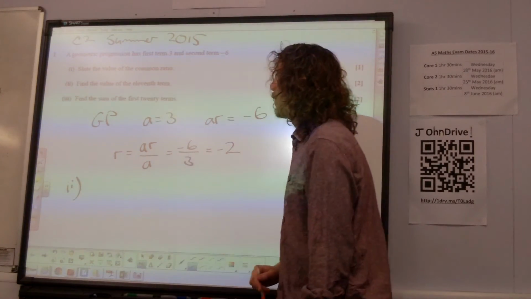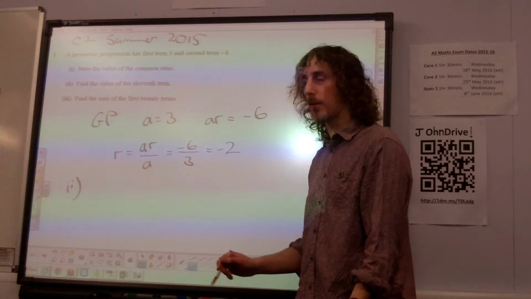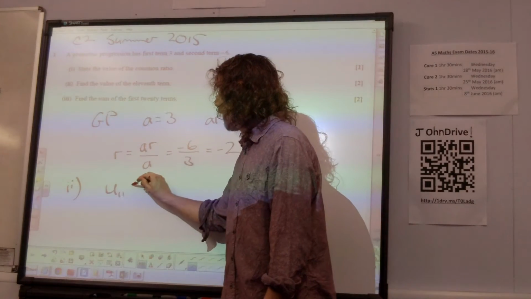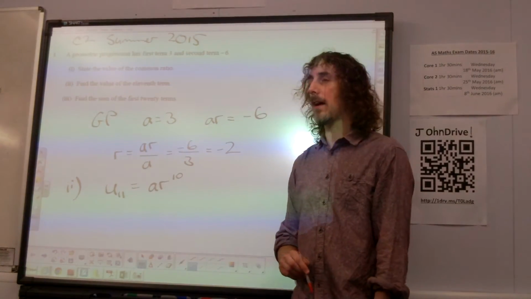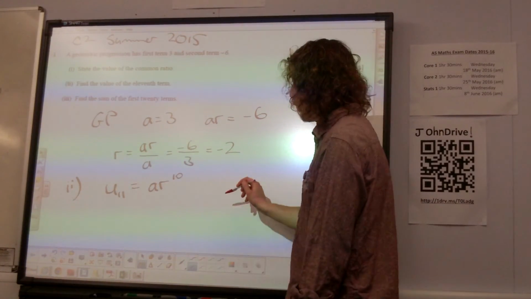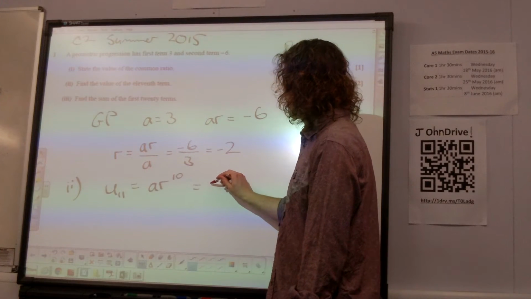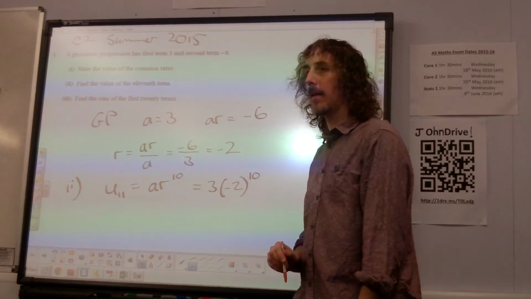Part 2, find the value of the 11th term. If this is a geometric progression, the 11th term, U11, is AR to the power of 10. It's AR to the n-1, remember? So we are going to do A times R to the power of 10.